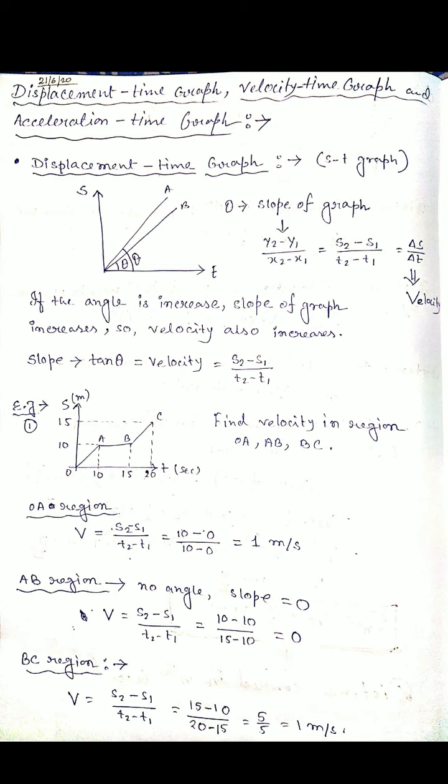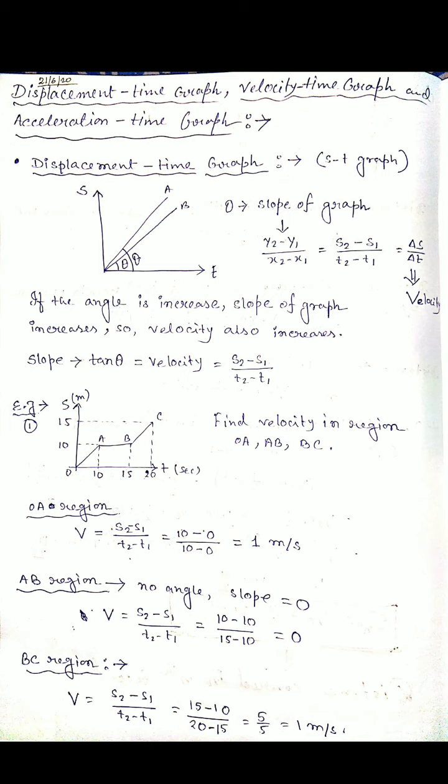Now in the case of AB, here you see that if we draw any slope, it does not make any angle theta. So theta equals 0 here. If theta equals 0, that means velocity equals 0. Or you can also understand by putting in the values. See, S2 minus S1, both have the same value, that is 10. 10 minus 10, divided by 15 minus 10, equals 0.